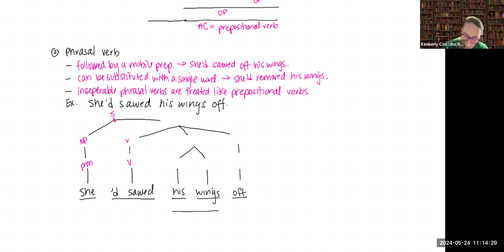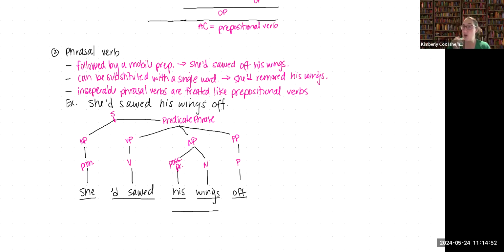So over here, then we have our predicate phrase. Okay. His wings. So we have a possessive pronoun and a noun, which means we have a noun phrase. And then off, we have a preposition, and that is going to be a prepositional phrase all on its own.